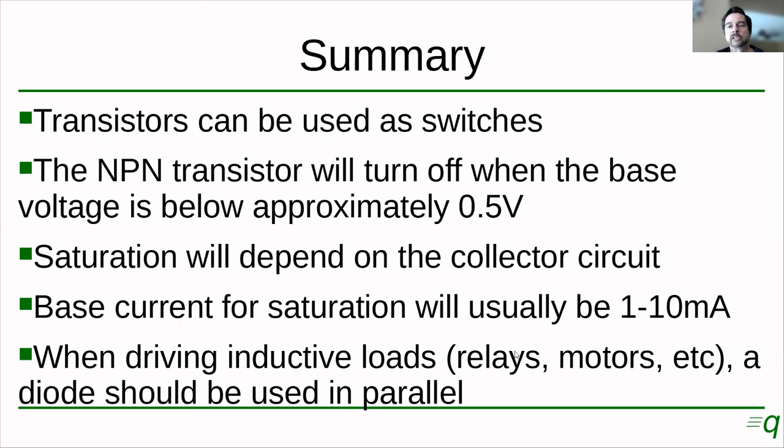The base current for saturation will usually be in the range of 1 to 10 milliamps. And remember, if you are driving inductive loads like relays, motors, or something like that, you need a diode in parallel with the load to suppress these high voltage spikes.